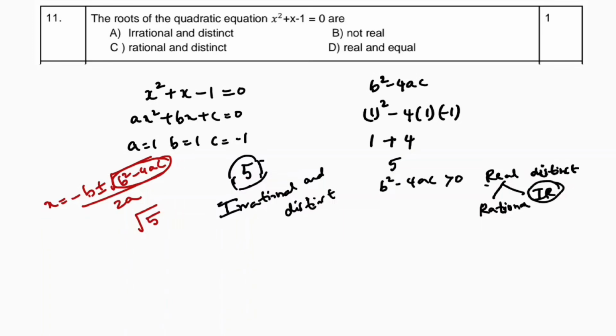Or you can find the roots and check with the help of the formula, or you can just find the discriminant. Suppose the discriminant is 36, then it is real, distinct and rational. If it is root 10 or root 11, something not a perfect square, then it is real, distinct, irrational. But here they didn't use the word real, they used irrational and distinct. So the correct option is A.